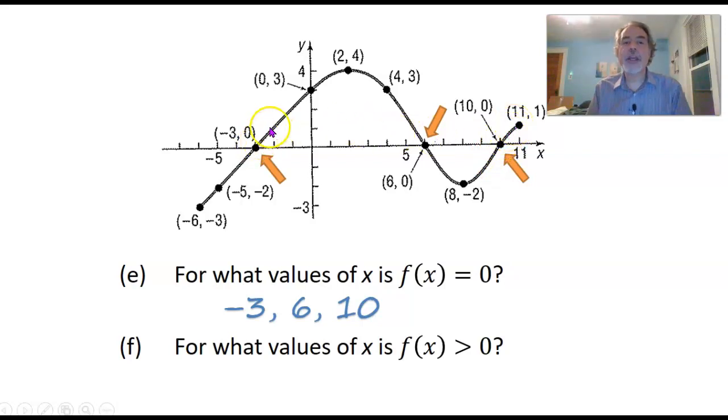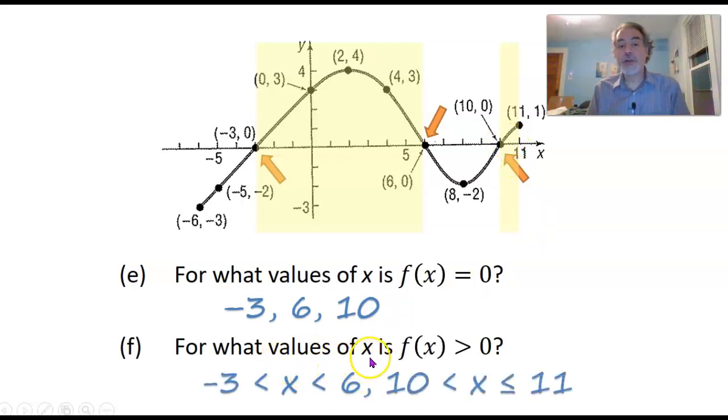The positive y-coordinates are the ones that are up here above the x-axis. And when does that happen? Well, that happens on this section of the graph here, which is where the x's are between negative 3 and 6. And then it also happens on this section over here, where the x's are between 10 and 11.